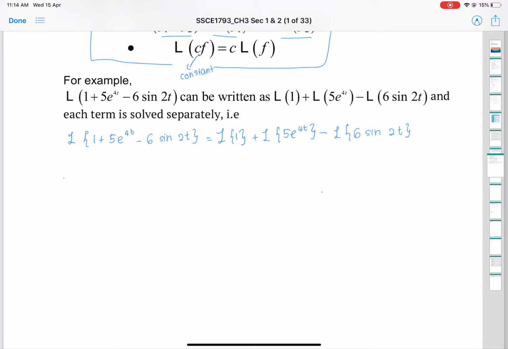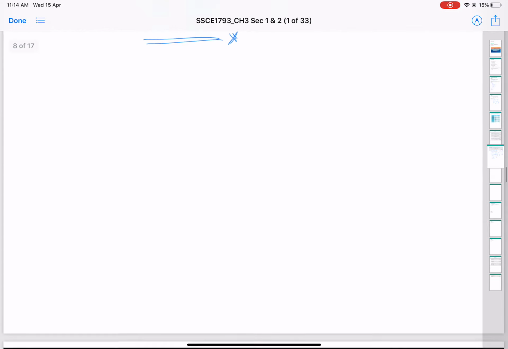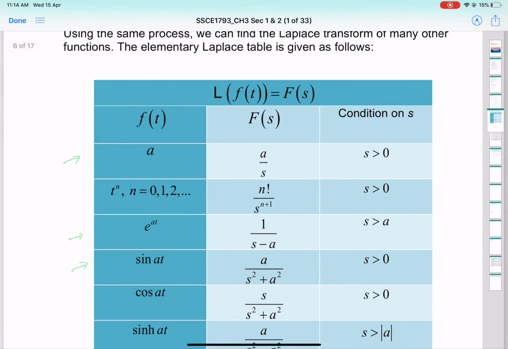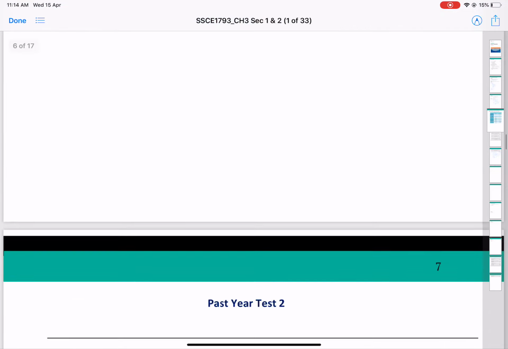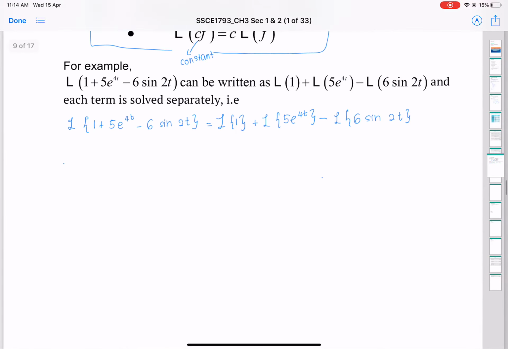Okay, so for the Laplace of 1, you can refer to the table. So 1 is a constant, and from the table, for a constant a, the Laplace transform will be a over s. So I will have 1 over s.